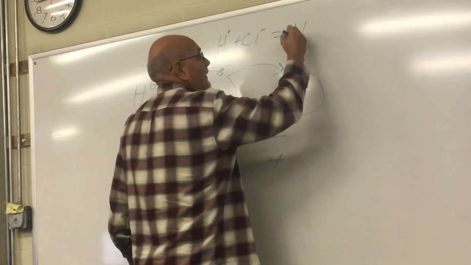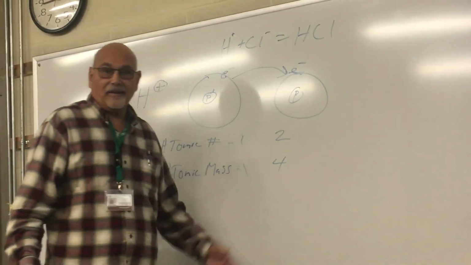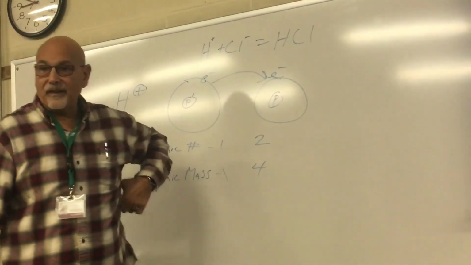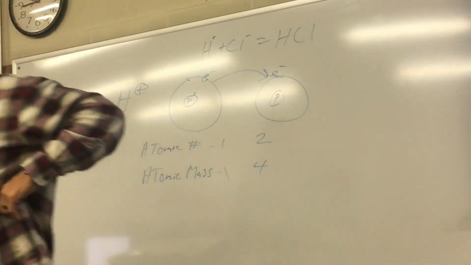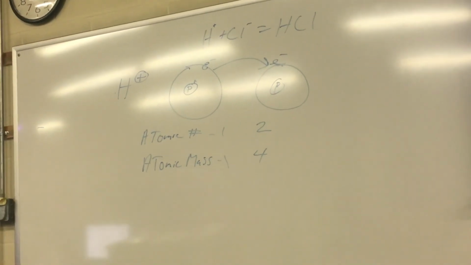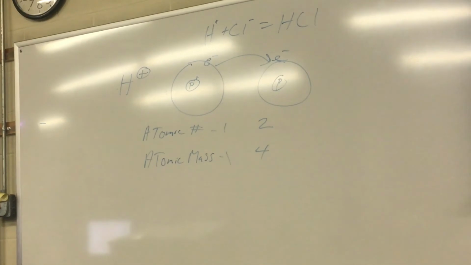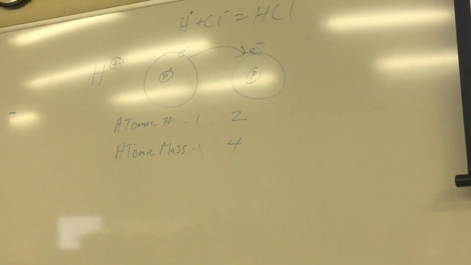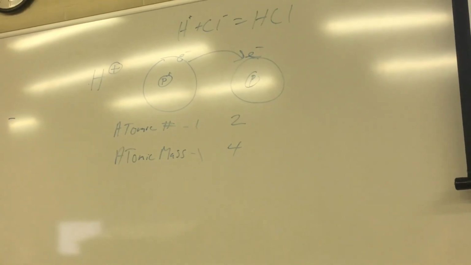When they hook, they'll become hydrochloric acid, HCl. The electron was taken from here and put over there, onto the chlorine. So I balance the chlorine, I balance the hydrogen. I don't have just one electron, I have a full shell, so it's happening. That's kind of what I'm showing you, how these things work out. So what's valence? Valence is just the shell.